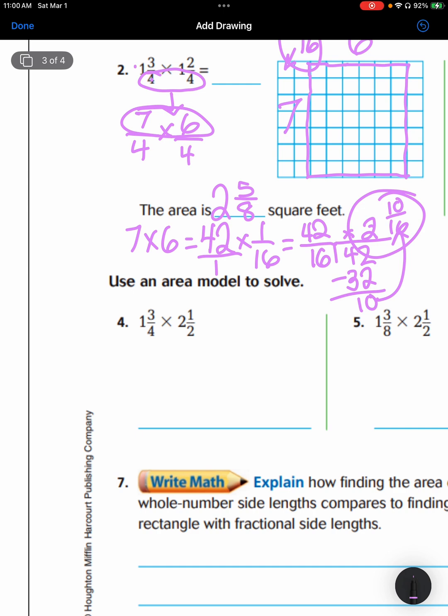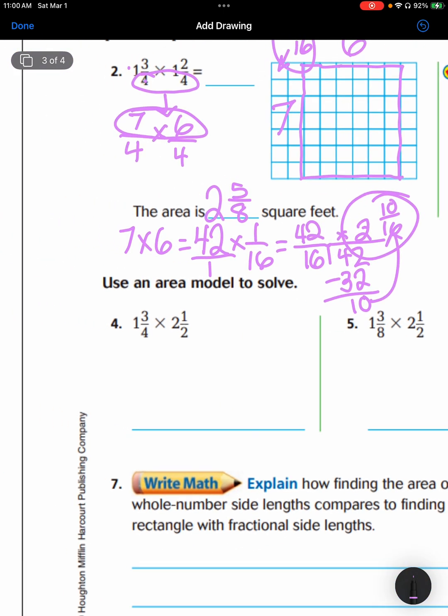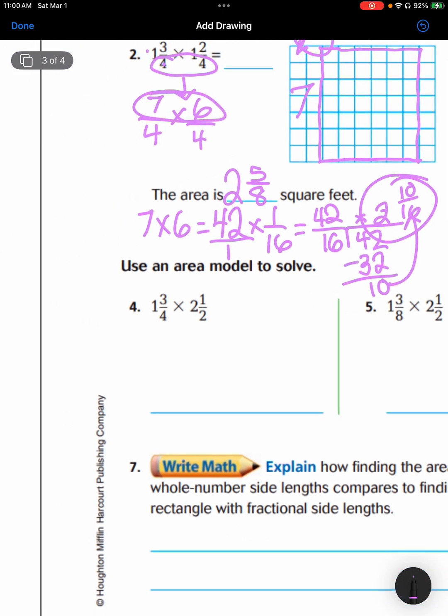Numbers 4, 5, and 6 are just going to be the same thing that we just did. So turn them into improper fractions so you can multiply. 4 times 1 is 4, plus 3 is 7. 2 times 2 is 4, plus 1 is 5, or 5 over 2. Multiply across, you get 35 over 8.